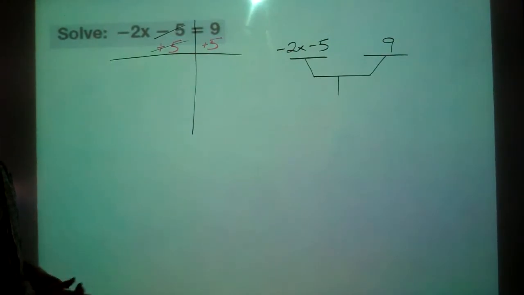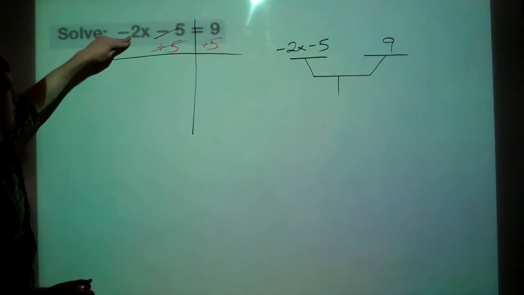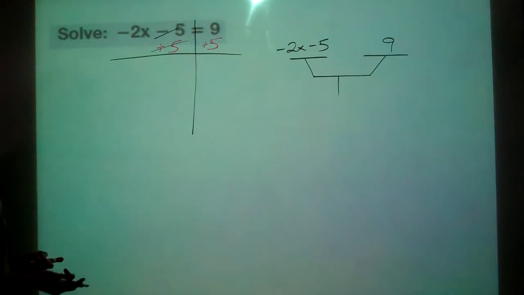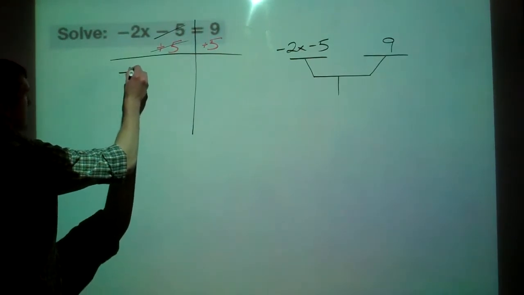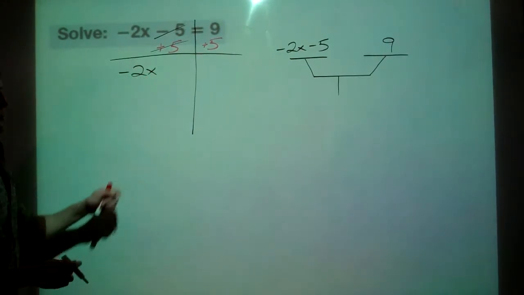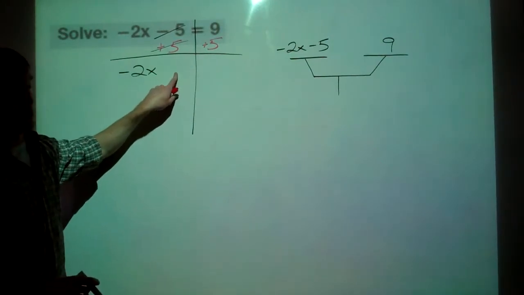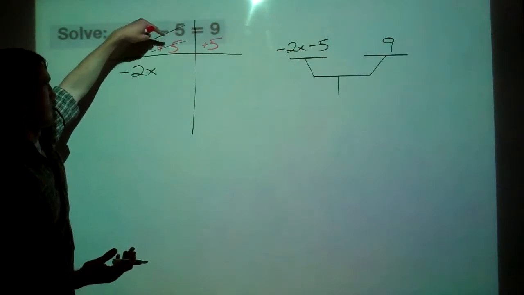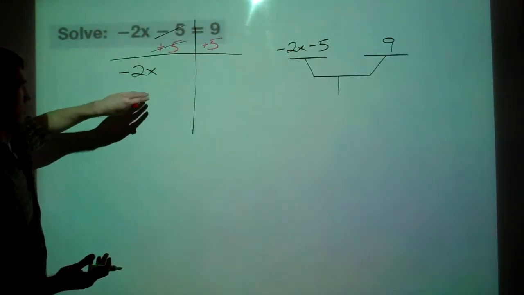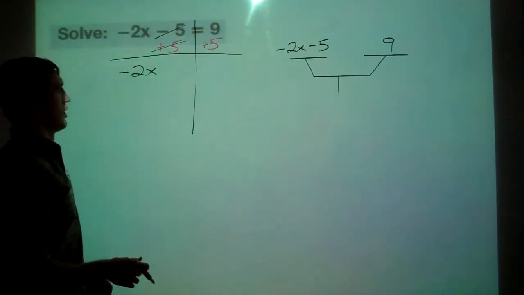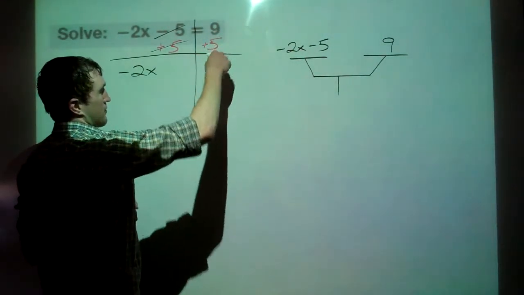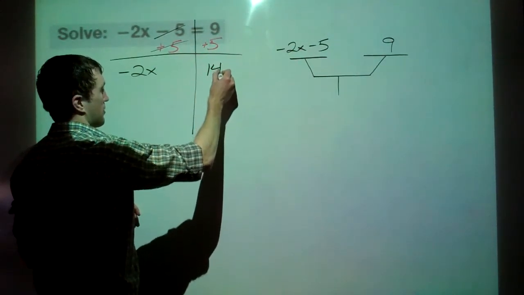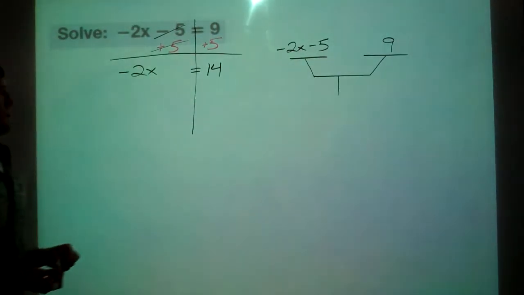If you add 0 to something, it's not going to change it. So adding 0 to a negative 2x doesn't change it at all. It stays as a negative 2x. I could put plus 0 if I wanted to, but what's the point? It's not going to affect anything. So we could just say that these two things cancel out. And now we're left with just this negative 2x over here, but now we have a 9 plus 5 over here, and 9 plus 5 is 14.